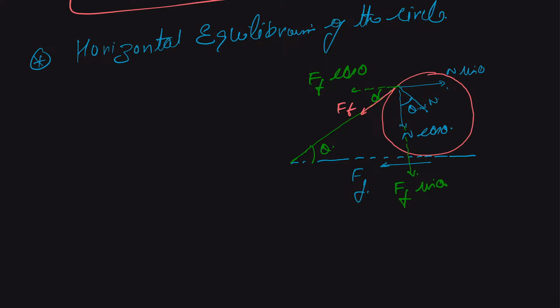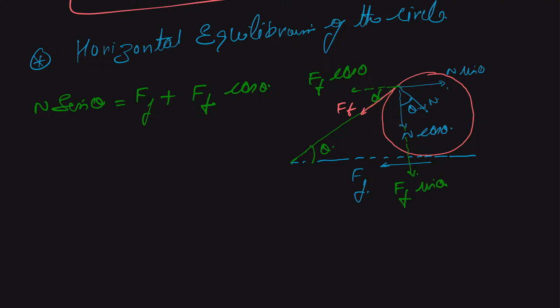So for the horizontal equilibrium of the circle, we can write the equation that N sine of theta will be equal to f of f plus f of t cos of theta. And we have found out that f of t and f of f are equal to each other.